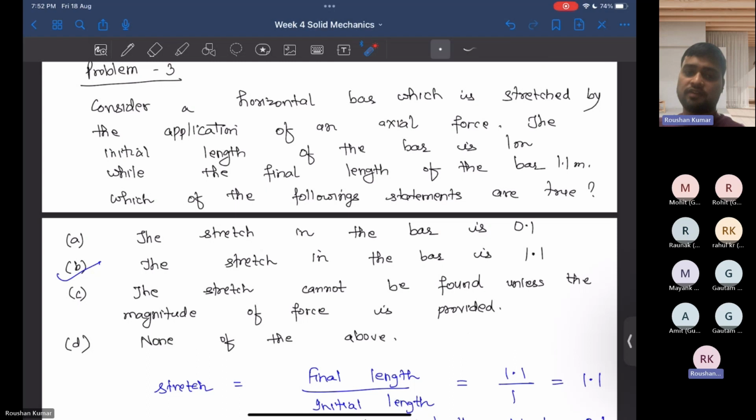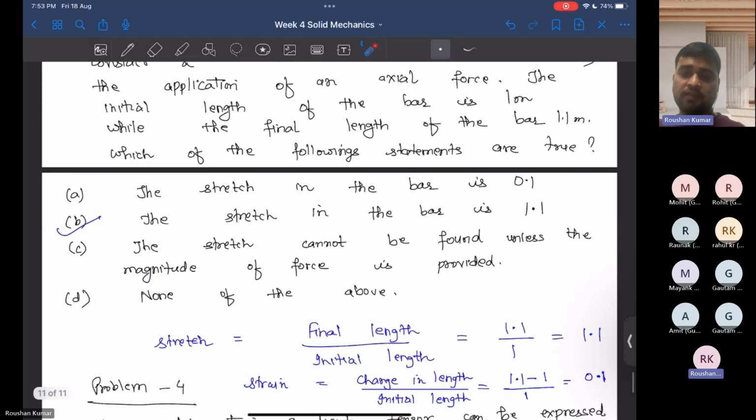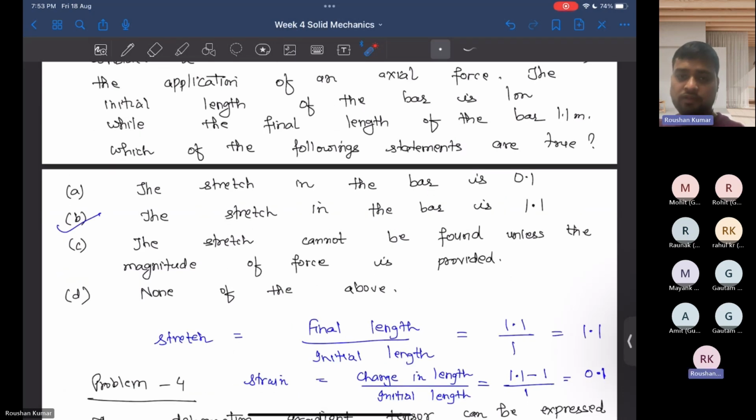But here the question is asking about the stretch value. Therefore, the first option will be incorrect. But please don't get confused, because stretch and strain are two different parameters through which we can measure the deformation in the line element. If we find the strain value, we have to take the difference in the length, that is the difference between the final length after deformation and the initial length before deformation.